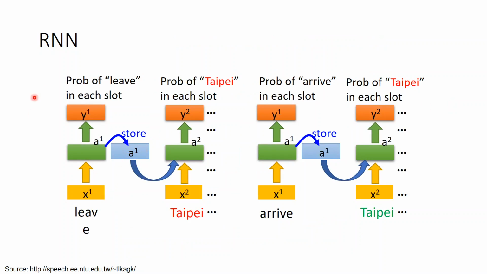Then we will see the RNN will be like this: leave Taipei, arrive Taipei, and their words will be stored in the memory and go to the next input.